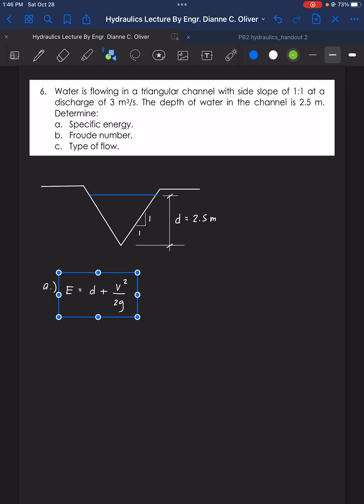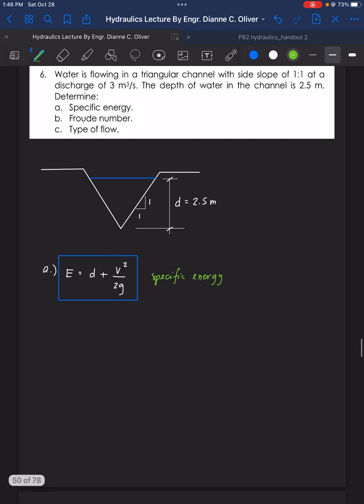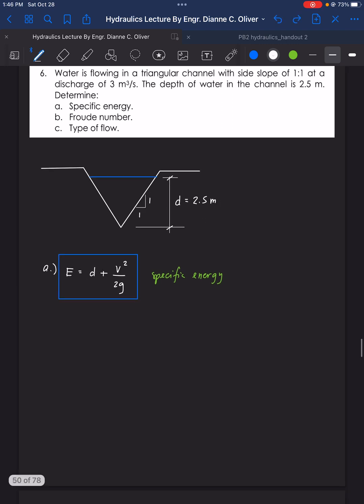So this is the specific energy. To find the specific energy given the depth, we already have the value for the depth of 2.5.